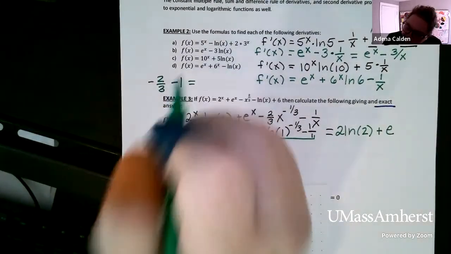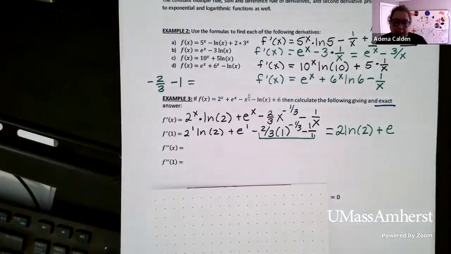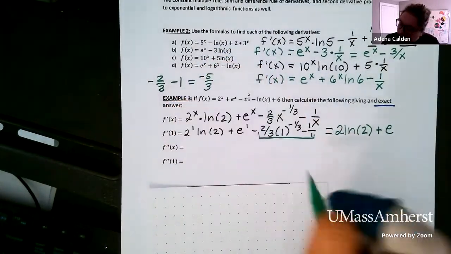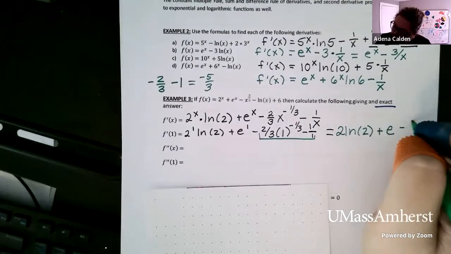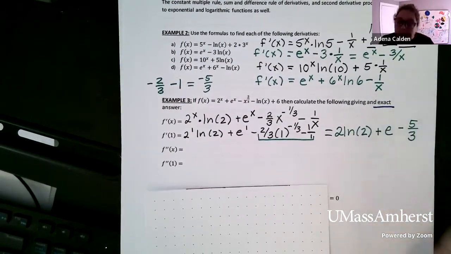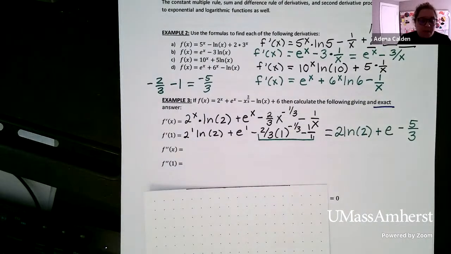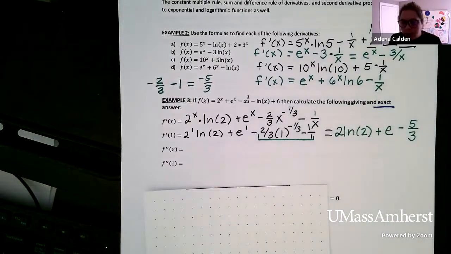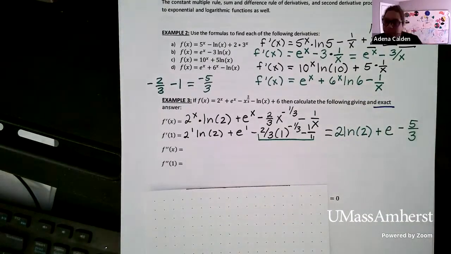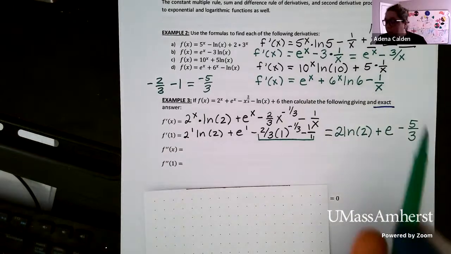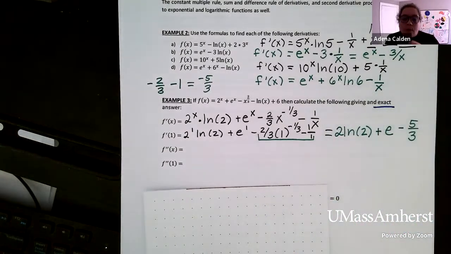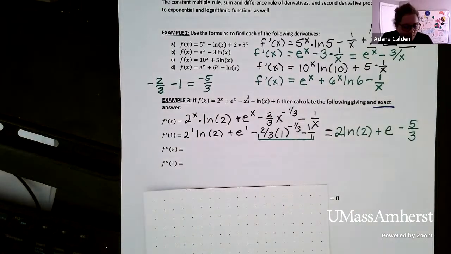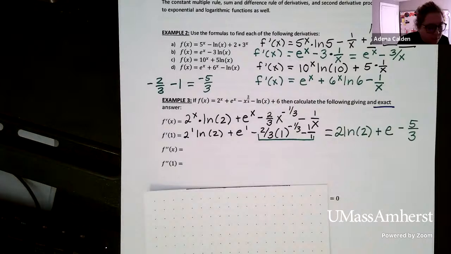When we compute that, we get the common denominator, so minus 2/3 minus 3/3, and we get minus 5/3. We can simplify this into minus 5/3. But again, we're going to leave it as a fraction because thirds are not a terminal decimal. So this is how we would write the exact answer without losing any of the accuracy. Okay. So now let's go ahead and talk about the second derivative.